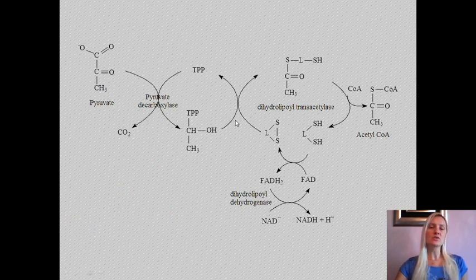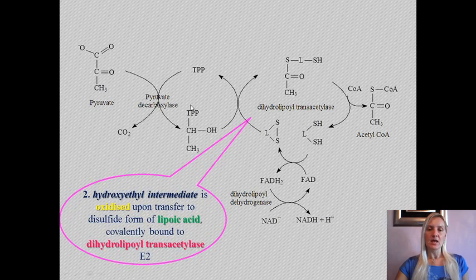Let's move on to the second step. So this hydroxyethyl intermediate is further oxidized. So this hydroxyl group is oxidized to a keto group. So the hydroxyethyl derivative is converted to an acetyl derivative.